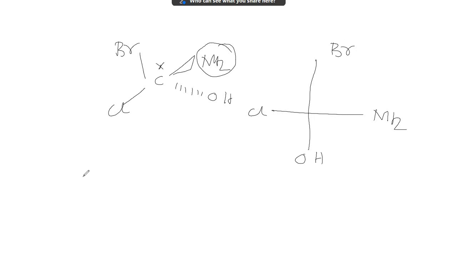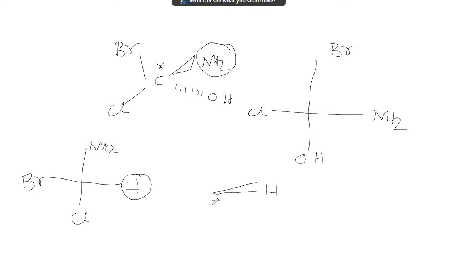On the other hand, suppose in another case a Fischer projection form is given to you, and you have to write down the flying wedge form. Now in this case it is written as Cl, in this case H, in this case Br. No problem. Just think of a chiral carbon. This is at the vertical of the horizontal line, so it will be placed on the top.